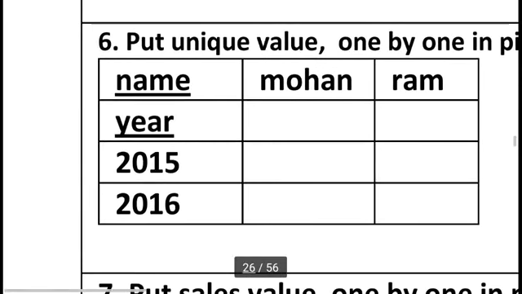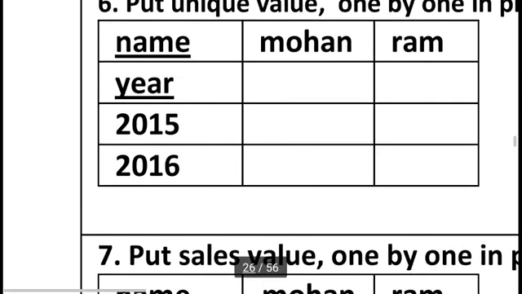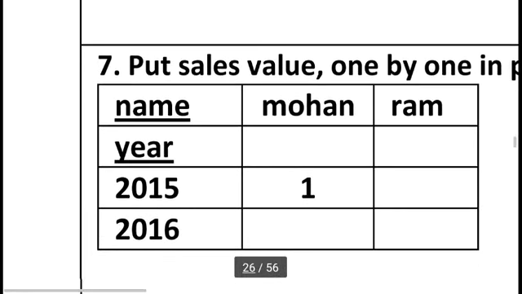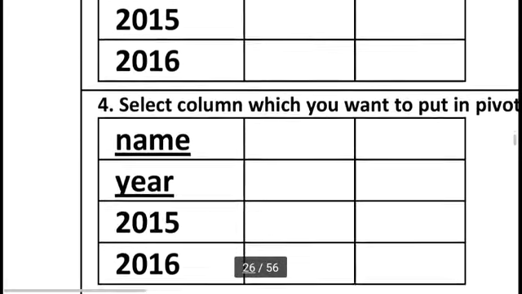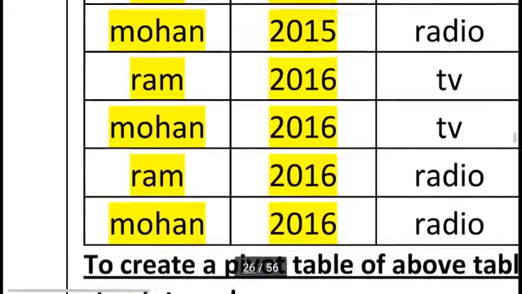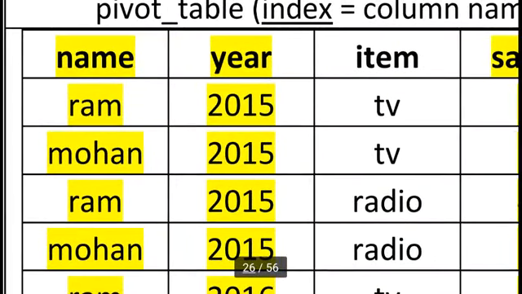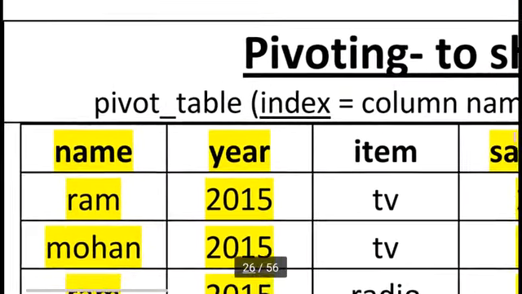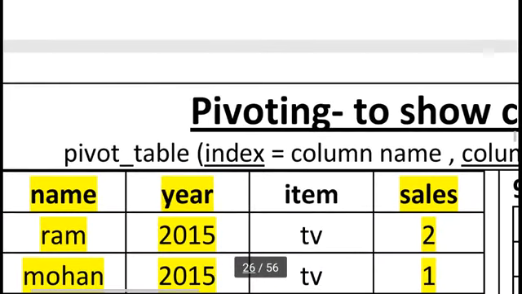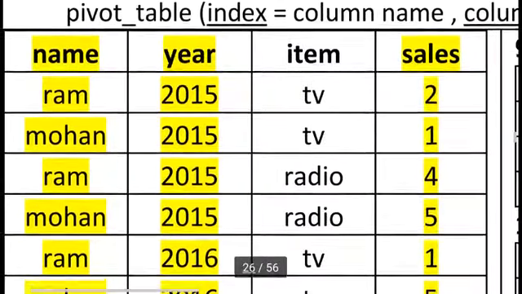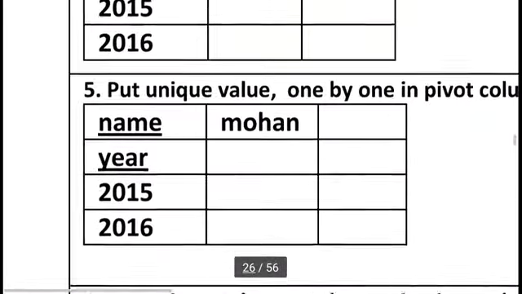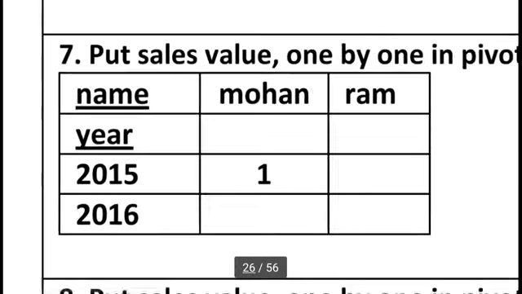First, for the year 2015 and Mohan, I want to write the sales value in the pivot cell. In the above table you can see, I am taking a simple example, in 2015 Mohan sales, in the last cell, only one, so I am writing 1.